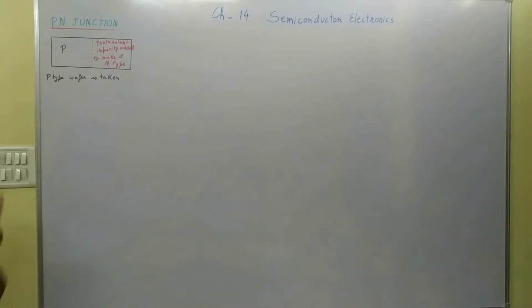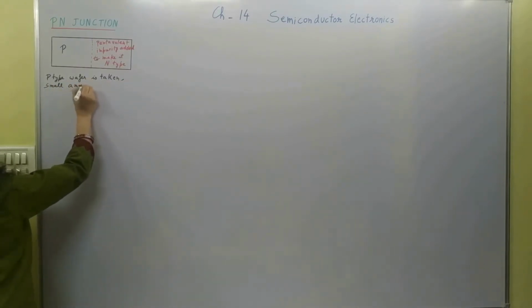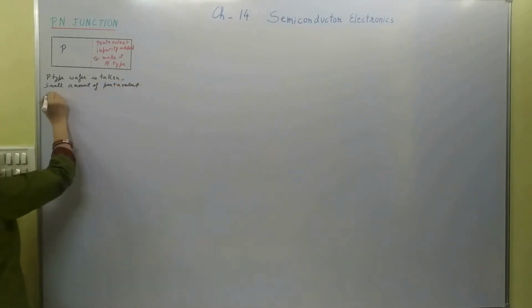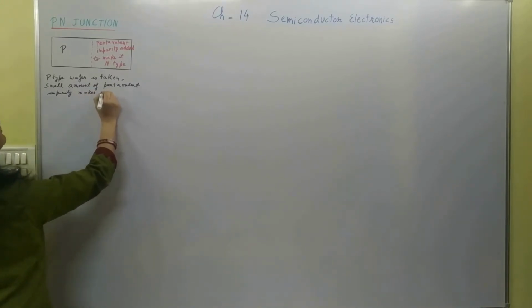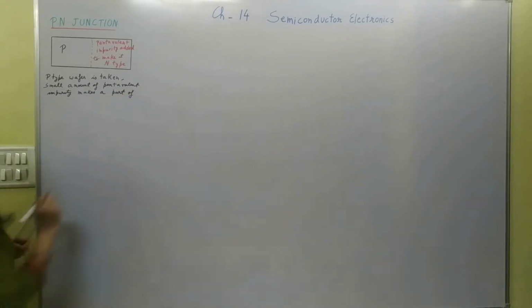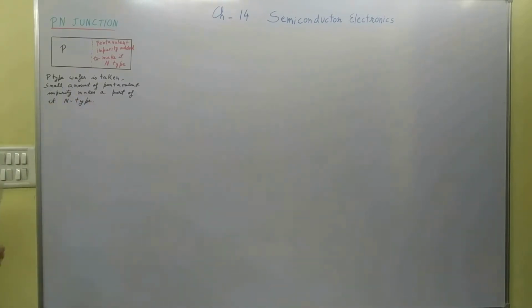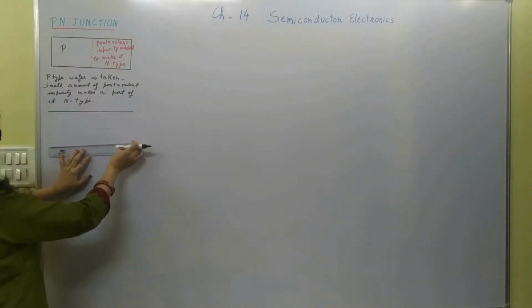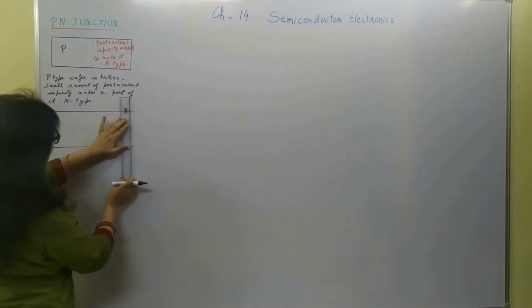Right, and then this way the wafer which is here has P-type characteristics on one side and N-type characteristics on the other side.